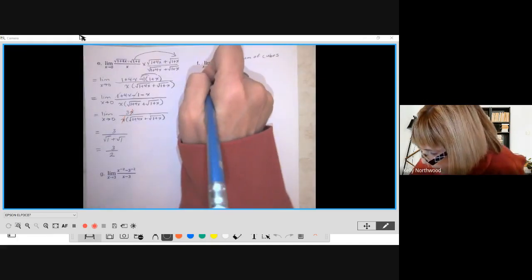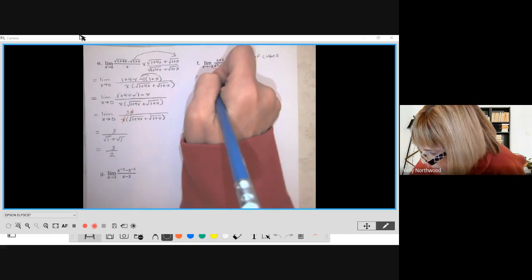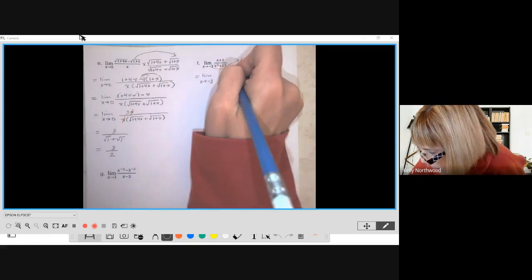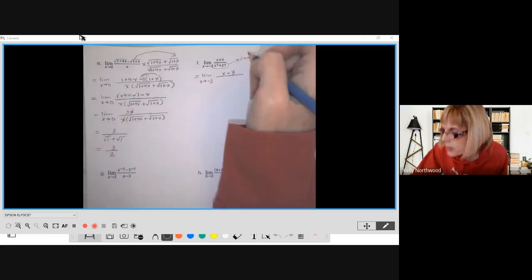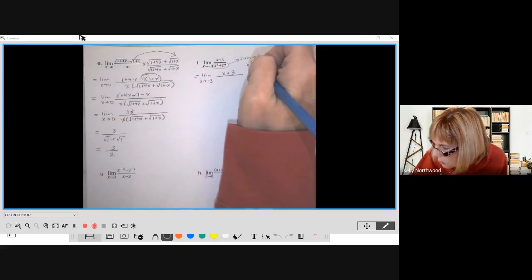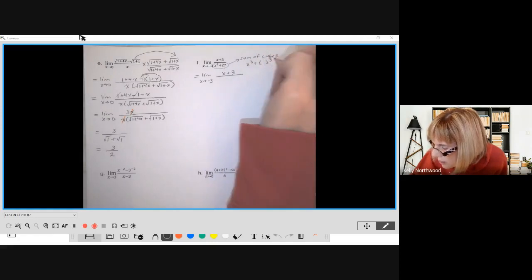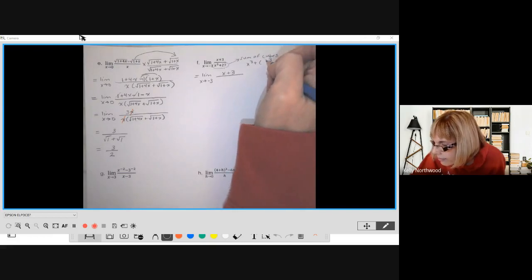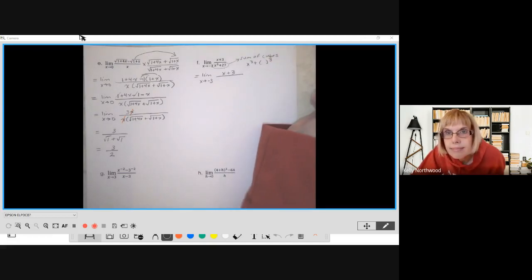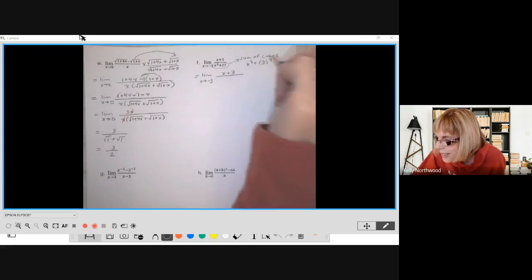So it's going to be the limit as x approaches -3 of x plus 3. And then see if you can factor that sum of cubes. Remember, that would be like x cubed plus some number cubed. And who knows what 27 is as a cube? It's 3 cubed. 3 cubed, good.